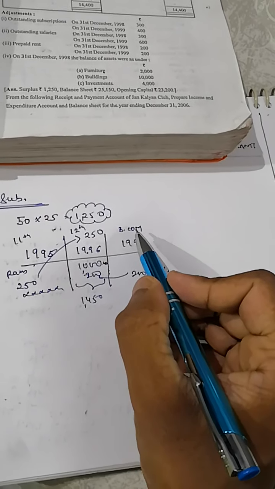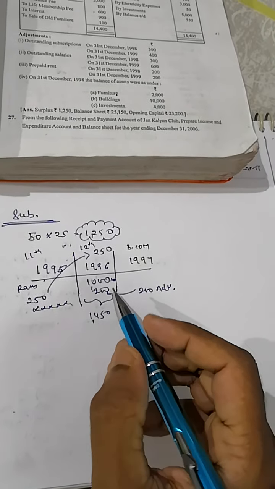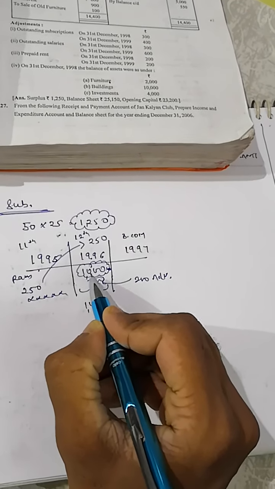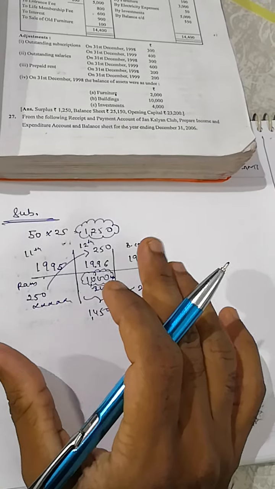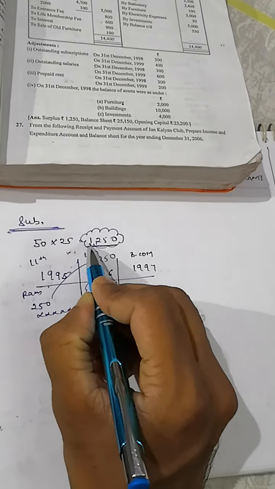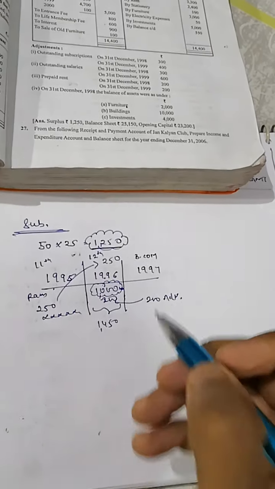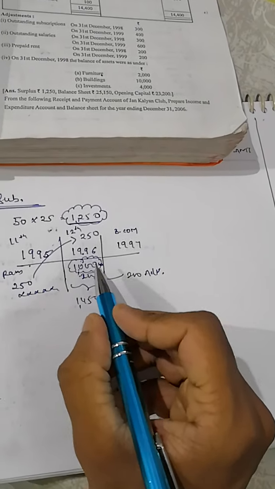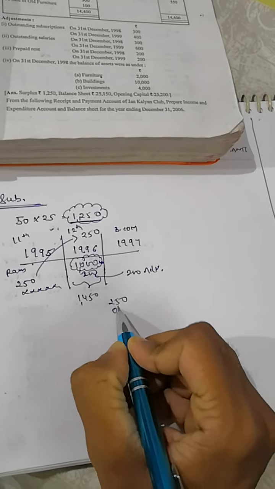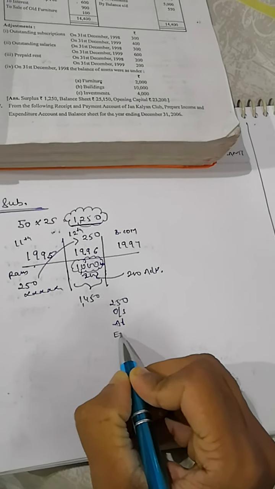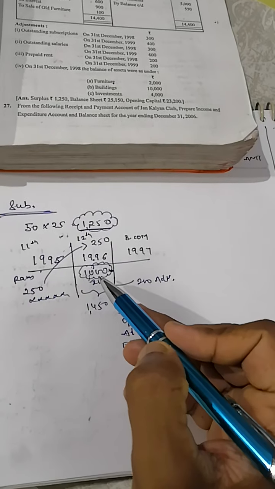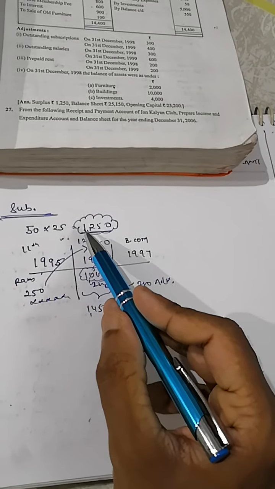So in the current year we have received 1000 fees, but in the question it is given that you should have received 1250. So what is the outstanding amount? The outstanding amount is 250 at end, because you have received only 1000, but you had to receive 1250.